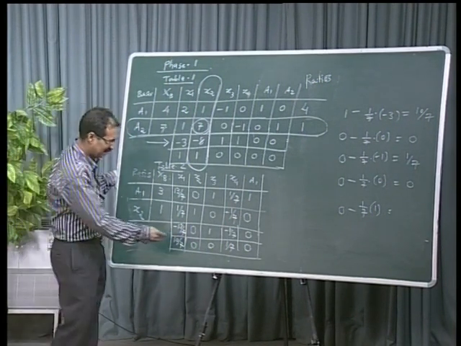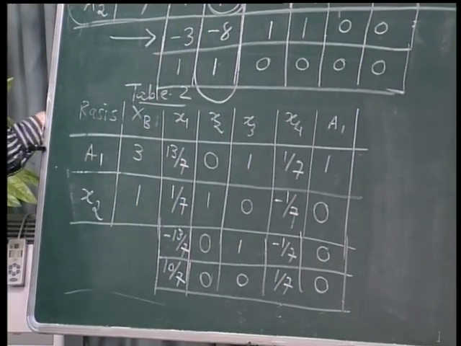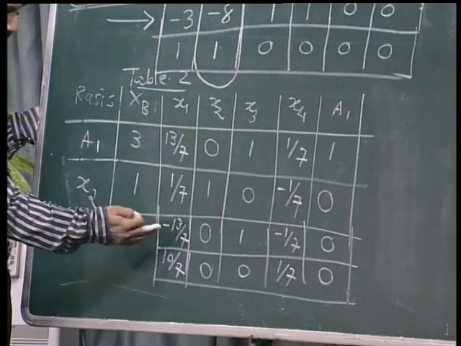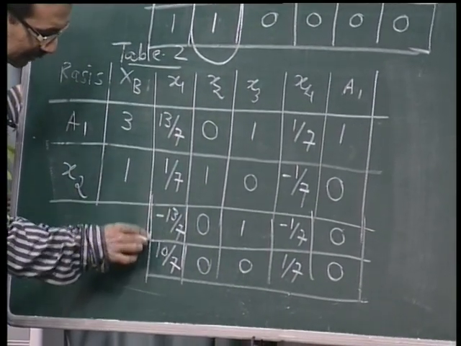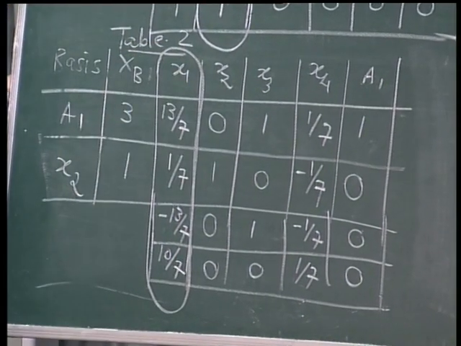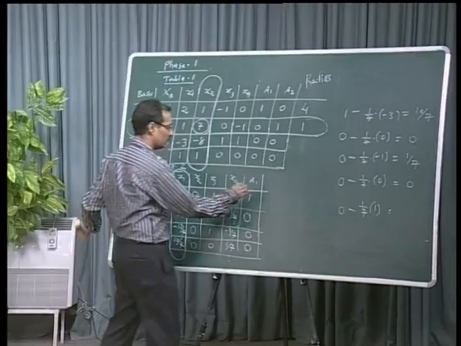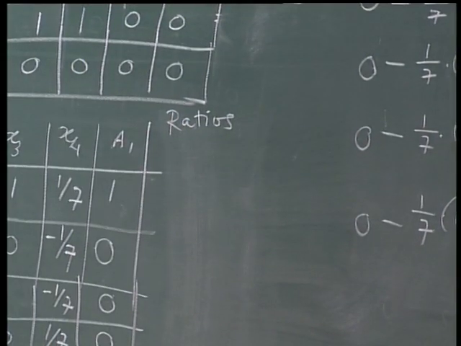So, we can say that there are two negative entries, minus 1 by 7 and minus 13 by 7. Of these two, minus 13 by 7 is more negative. So, we have to select that column first. Okay. Once we select this, we go for the ratios as we normally do. Okay.